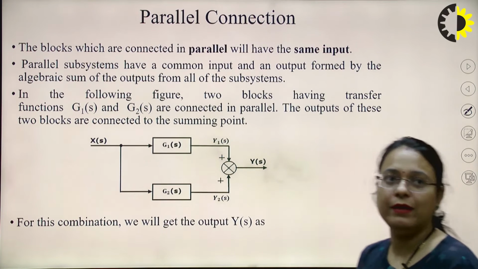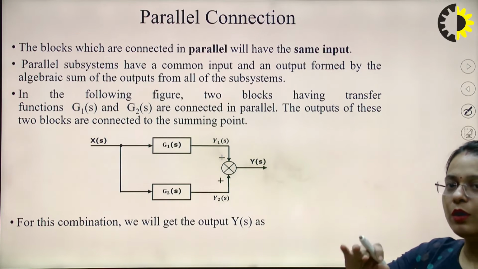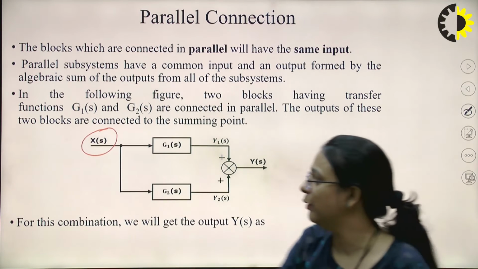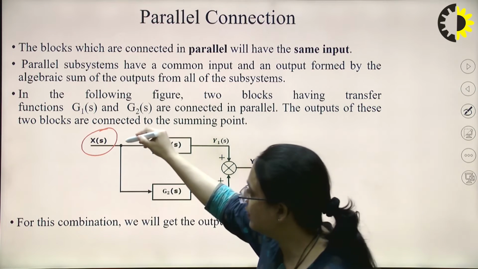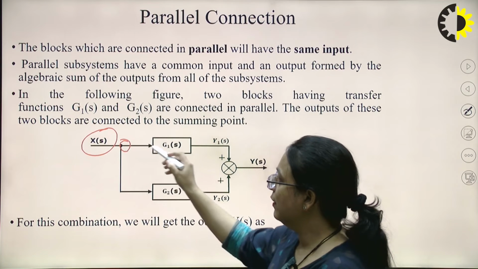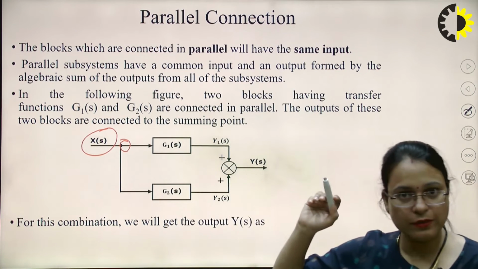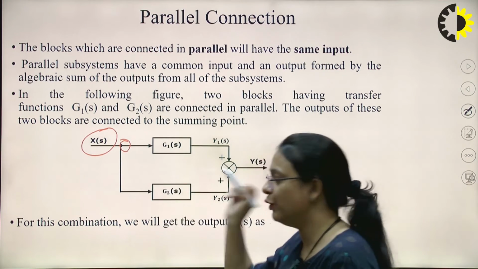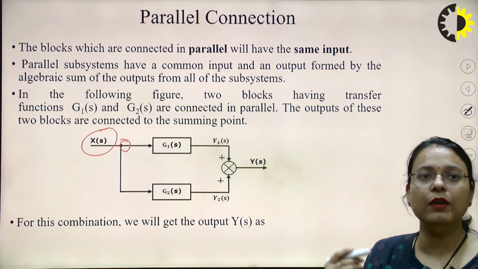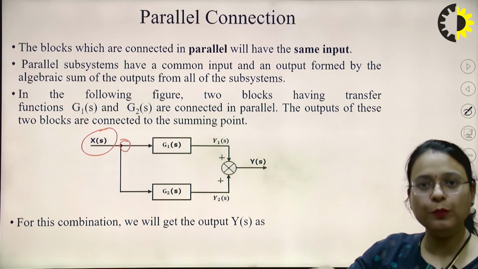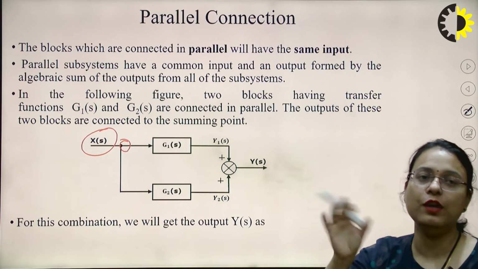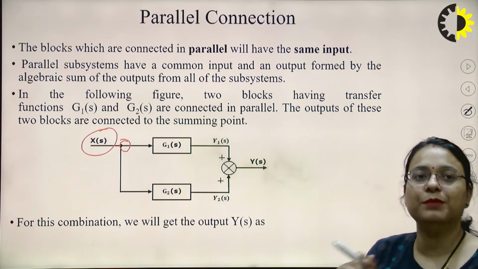Now coming to the parallel connection. Blocks which are connected in parallel have the same input, the same signal. You can see here, this is the takeoff point, and through it Xs is given to the G1s block and Xs is also given to the G2s block. A parallel system may have a common input, and the output formed by the parallel system will be the addition of the outputs of the subsystems.